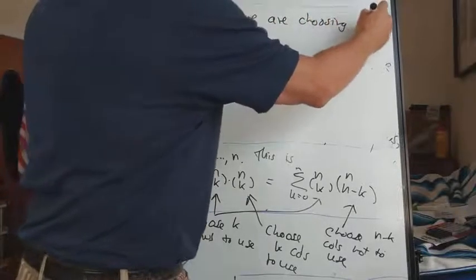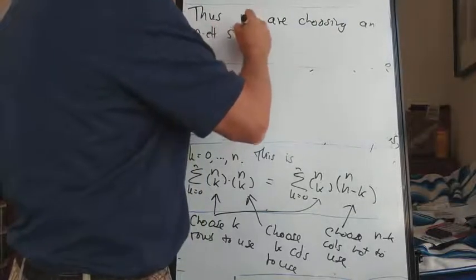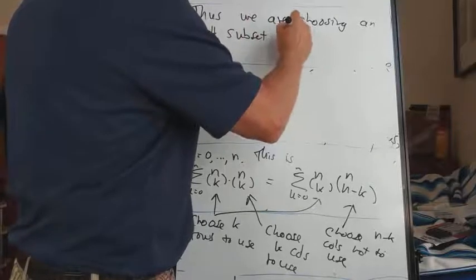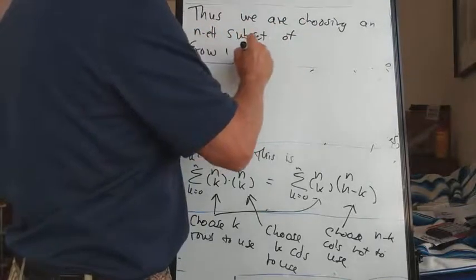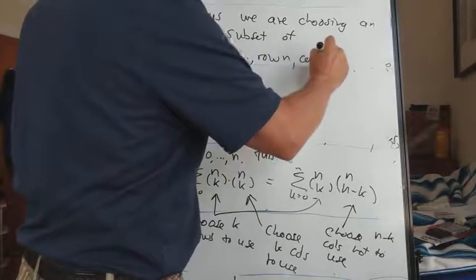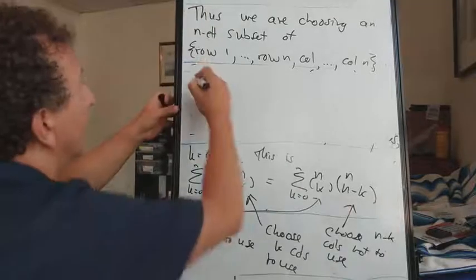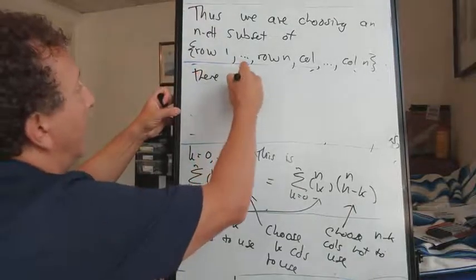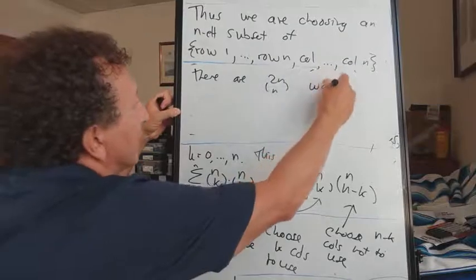So we are choosing an n element subset of the set row 1 through row n, column 1 through column n, and there are 2n choose n ways to do this.